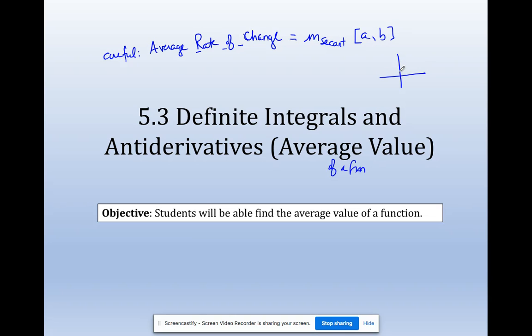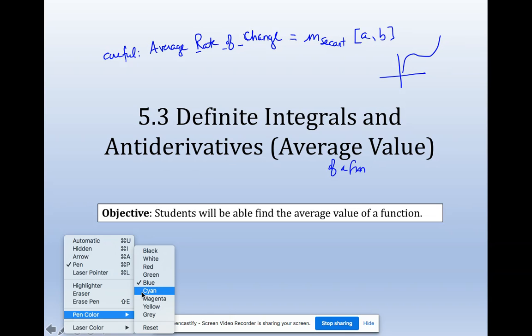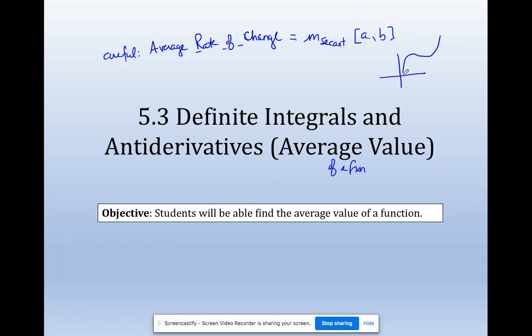So for instance, you might have had some function that looked like that. And I said between A and B, the average rate of change was the slope of that secant, right?